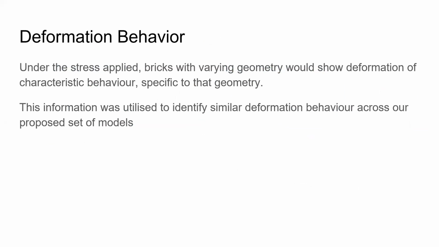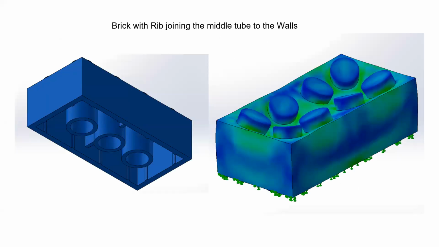So this information was utilized to isolate our final model. So we ran multiple cases with grooves, with ribs on the tubular sections. But these cases were neglected or ignored for the following reasons.